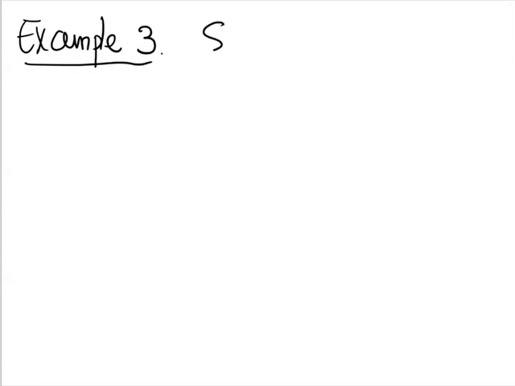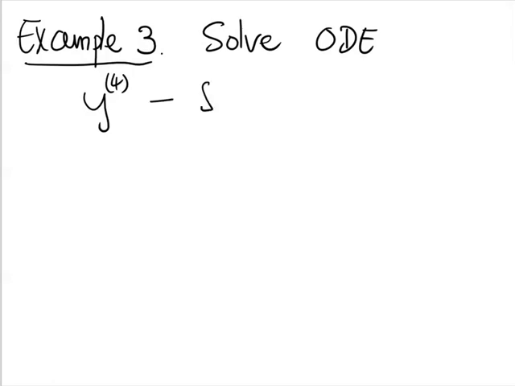Now I want to show you another example with order 4. We want to solve the ODE y to the 4th derivative minus 8y prime equals 8x minus 1, our non-homogeneous equation.